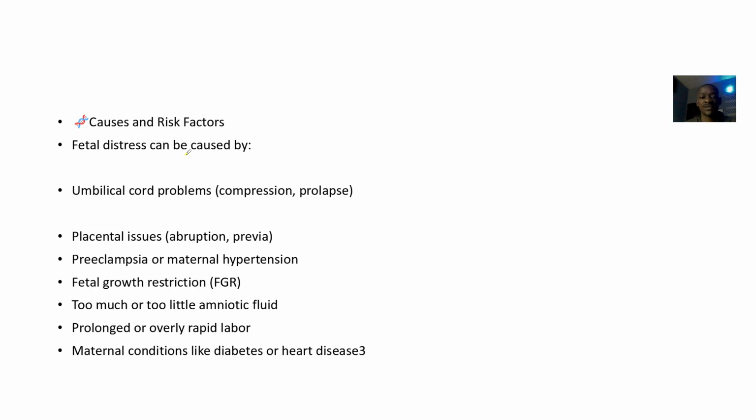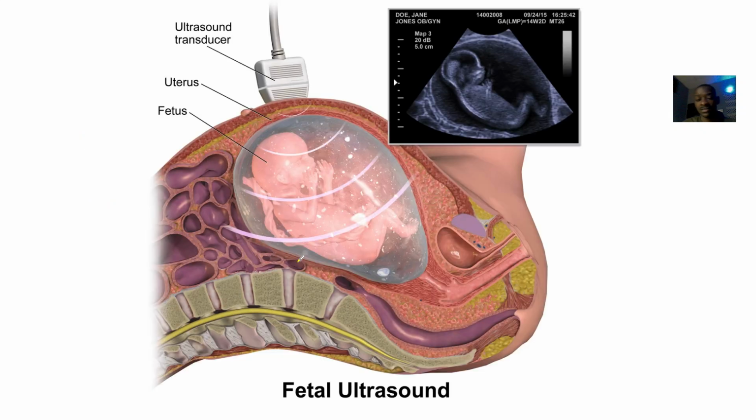So causes and risk factors are this. It can be caused by umbilical cord problems, like umbilical compression or prolapse, placental issues like abruption and previa, preeclampsia or maternal hypertension, fetal growth restriction, amniotic fluid that is too much or too little, prolonged or overly rapid labor, maternal conditions like diabetes mellitus or heart disease.